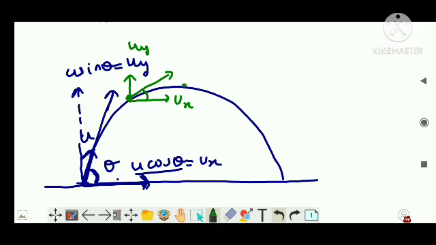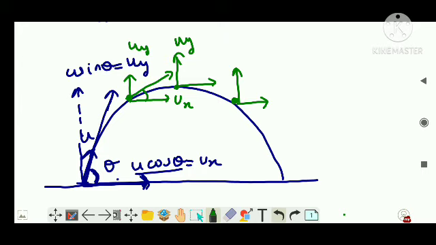Clear? Now this is the top position, I believe. So this will be uy, or I can say it is v, the final position. And what will be ux? In this direction. Similarly, here this will be uy, ux, and similarly I can draw for all the positions.